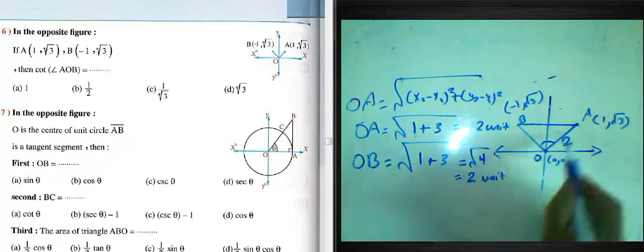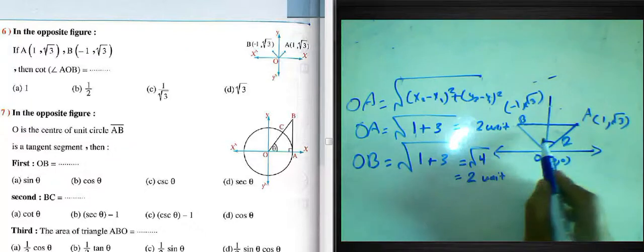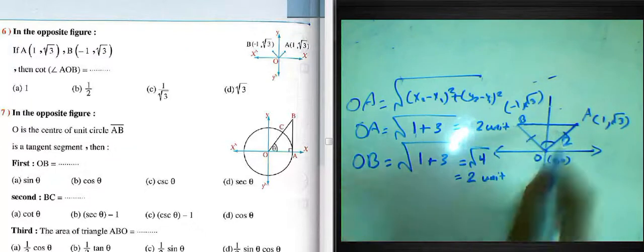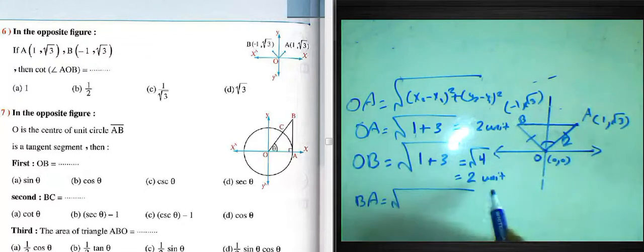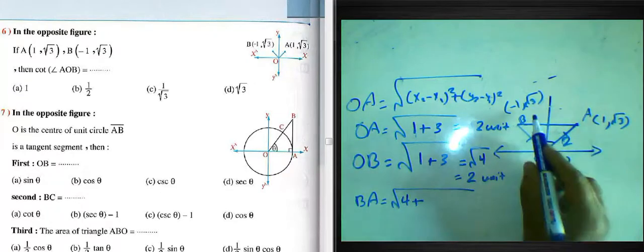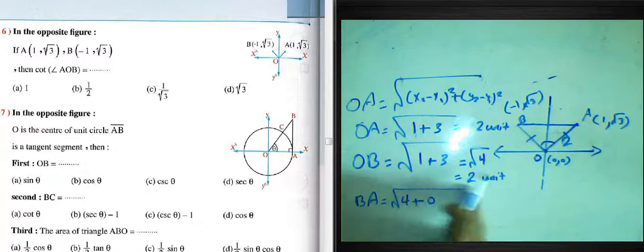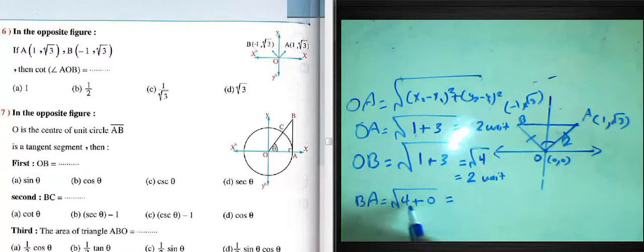So OA equals OB, and we will find AB. AB is the root of 1 minus -1 equals 2, to the power 2 equals 4. Root 3 minus root 3 equals 0, to the power 2 equals 0. Root 4 equals 2 units.